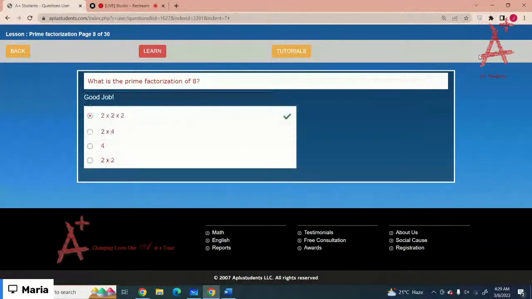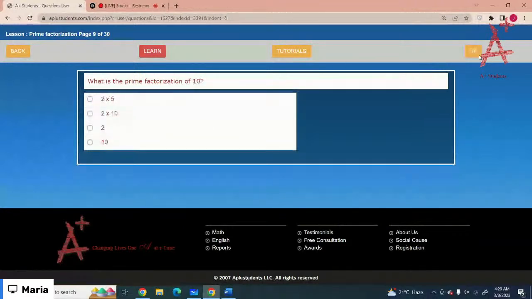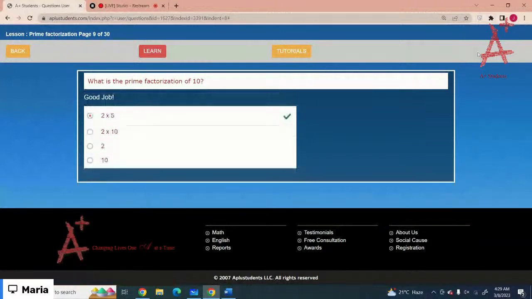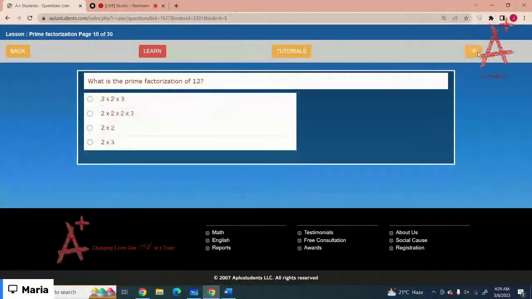Okay, the next one is what is the prime factorization of 10? The prime factorization of 10 is 2 times 5. Got it? Very good. Okay, what is the prime factorization of 12?